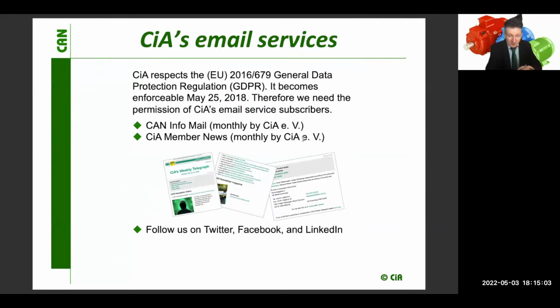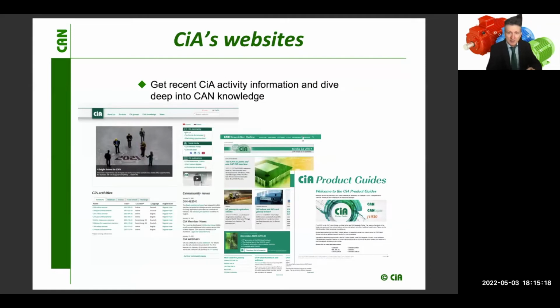Beyond that, we have some additional services to support, through our social networks, our website, and our email services, our members and also non-members, to provide information about recent developments in CAN-based technologies, recent developments in CAN automation, which exhibitions we exhibit at, what events we have, such things.